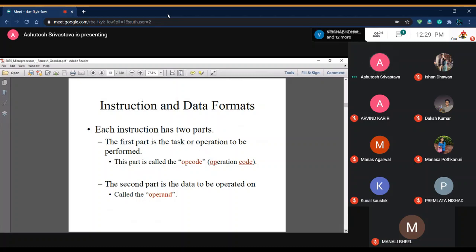Please note down the instructions and your data formats. Each instruction has two parts. The first is the task or the operation to be performed. This is called your opcode or operational code. Please note down, these are very important concepts, and we will be building upon this.